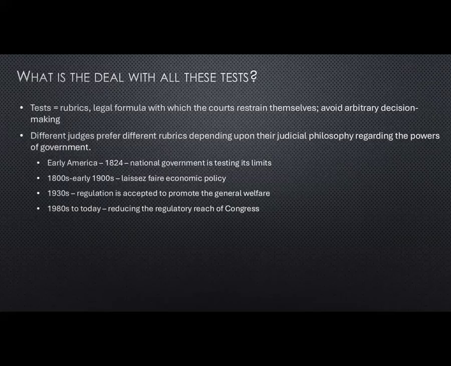In particular, that case involved non-economic activity. It was criminal activity that was the subject of the law. But the court said that's too much of a stretch. The mere possession of guns is not economic and does not have a substantial effect on interstate commerce. So that's what the majority held.